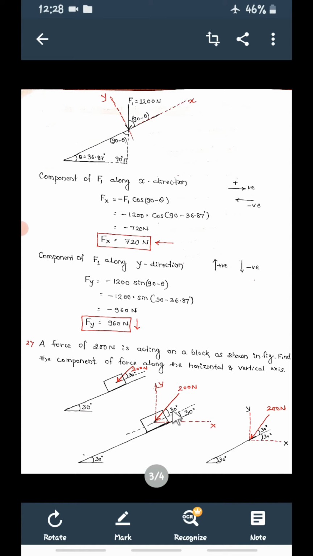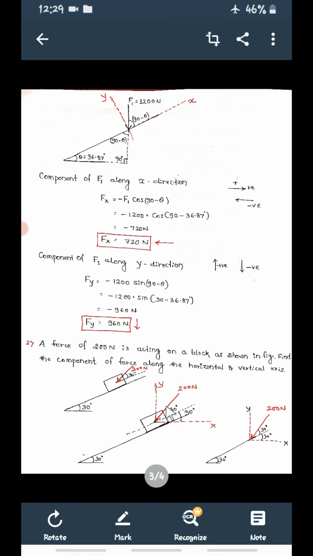So what is the total angle made by this 200 with the x-axis? This is 30 degree plus this 30 degree, so the total is 60 degree. So the angle made by 200 Newton with the x-axis is 60 degree.